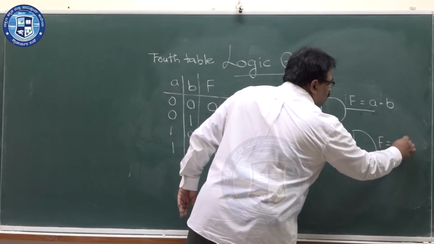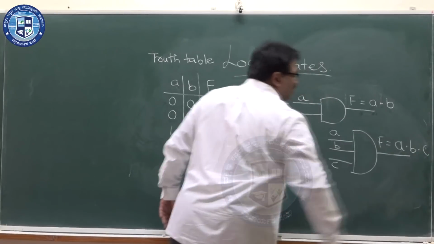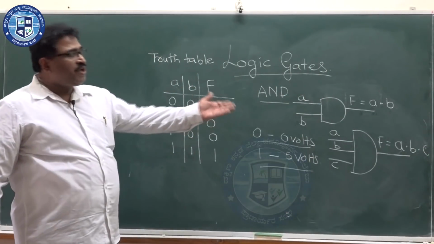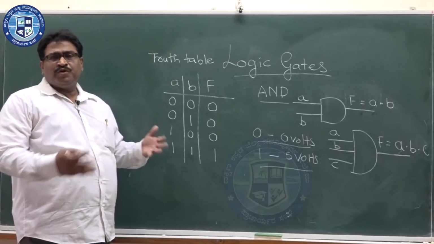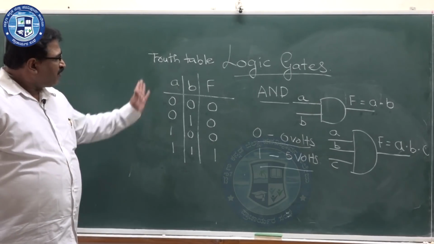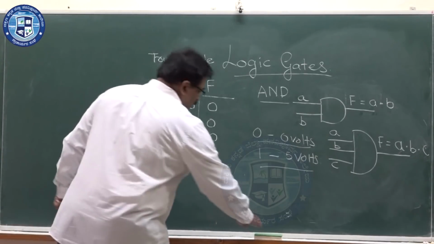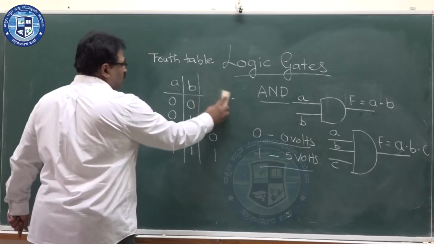F is equal to A dot B dot C. So this is a 3 input AND gate. We can go further with 4 inputs and so on. If it is a 3 input, what will be your truth table? The truth table will slightly change.